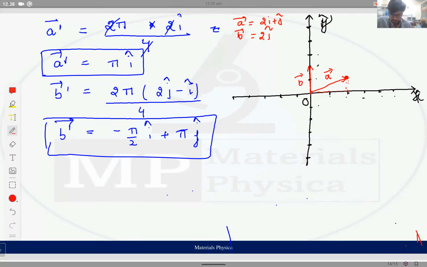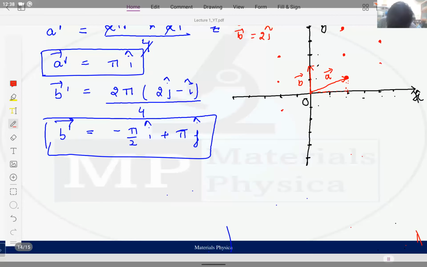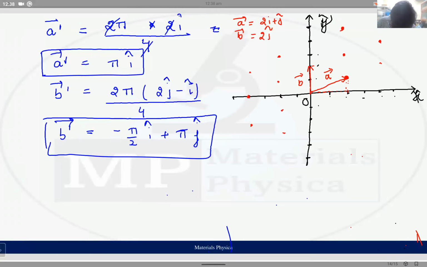When we draw this 2D lattice by these translation vectors a and b, applying a plus 2j we will get a point here, and after that 2j we will get a point here, and when we apply 2i plus j here, we will get a point here, and after applying 2j we will get one here. In a similar way we will get the other lattice points, here, here, and here.